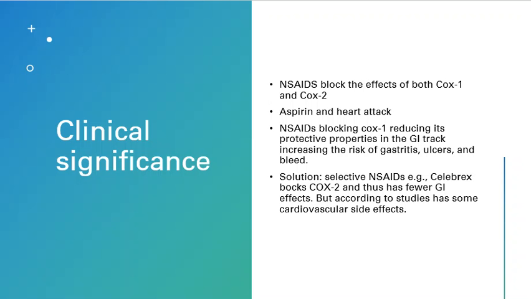It does block COX-2 most of the time, but COX-1 is less likely to be affected by Celebrex, and therefore you still have that protective function of COX-1. So you don't need to worry too much if you're taking Celebrex.